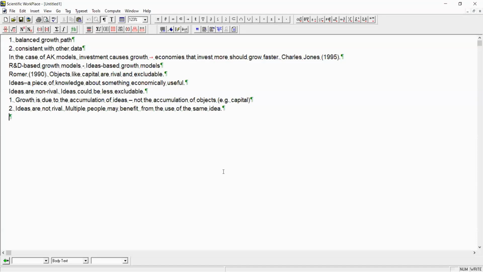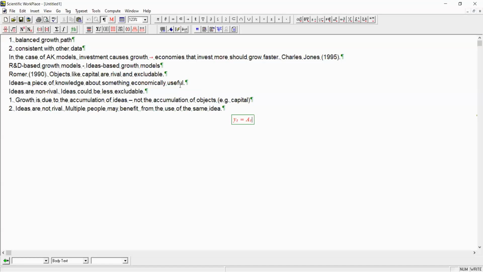Now, let's write down a model that has these ideas, has these concepts embedded. Let's start with output being a product of the number of ideas.